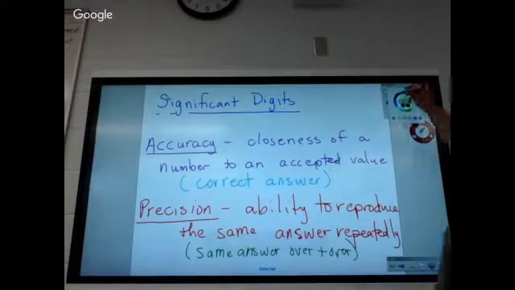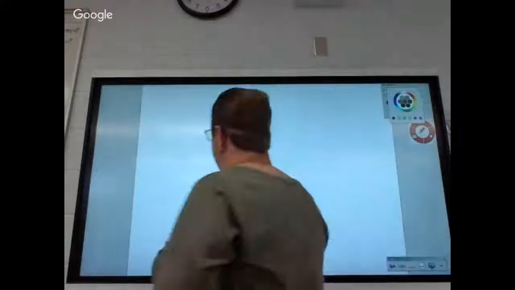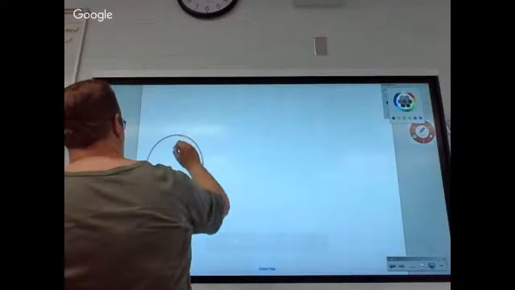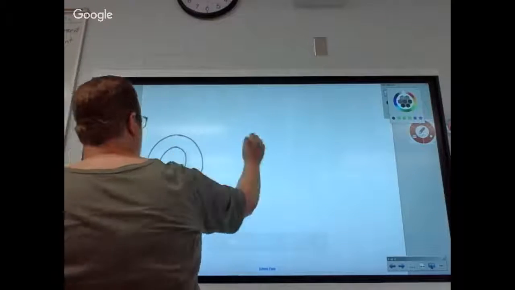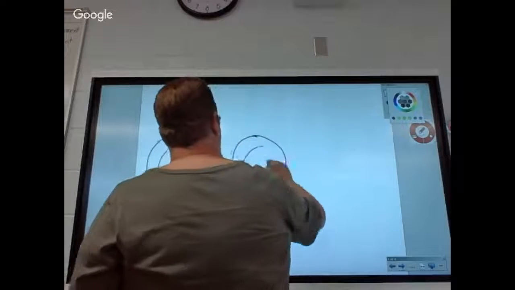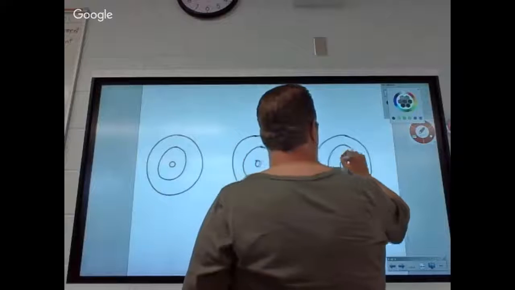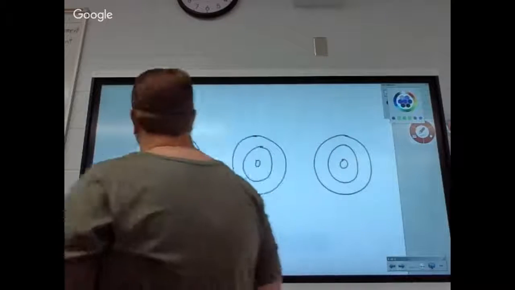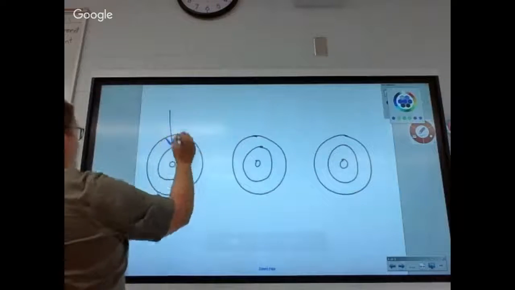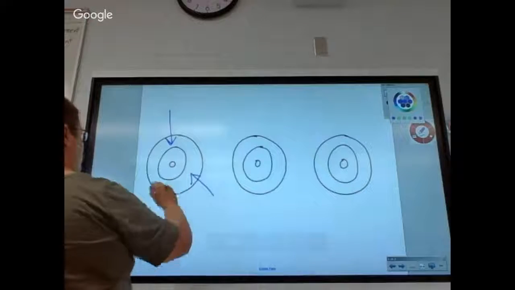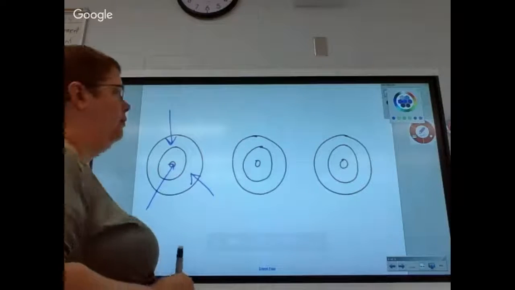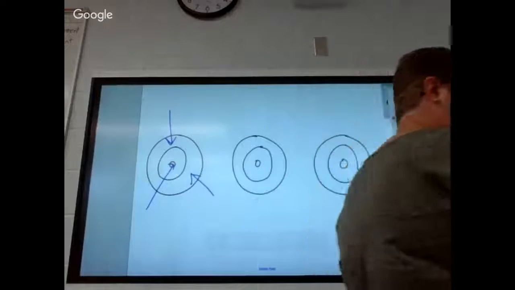One way to explain this is to use dartboards. So let's say that I go play darts and I throw my darts and they land there. What can you tell me?